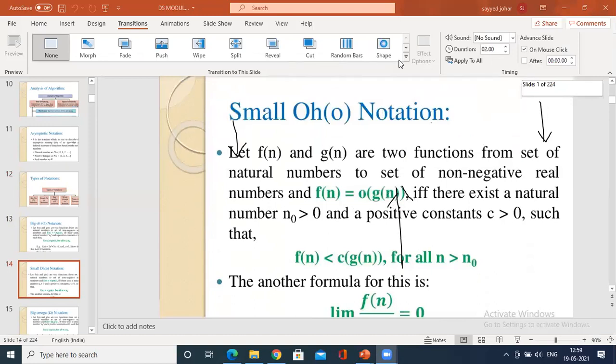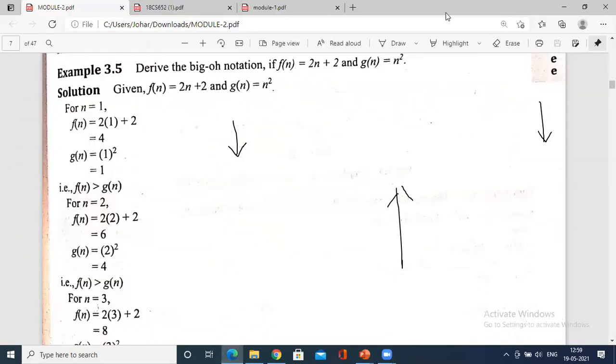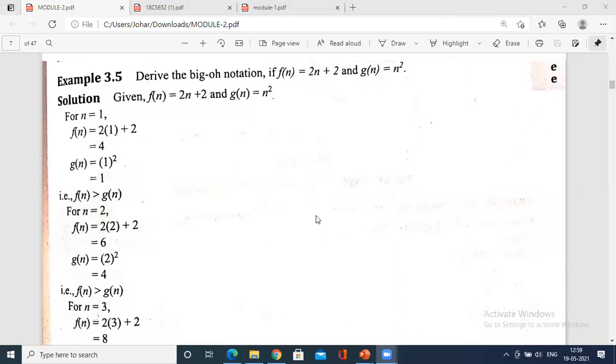For upper bound we go with big O. Similarly, for lower bound we go with omega.